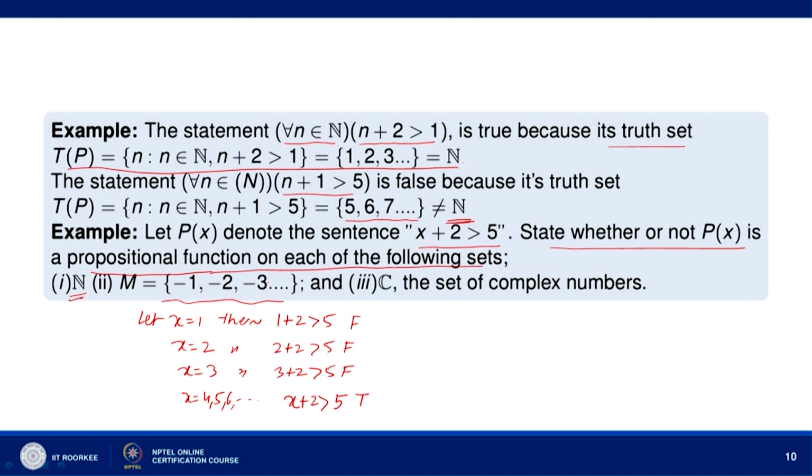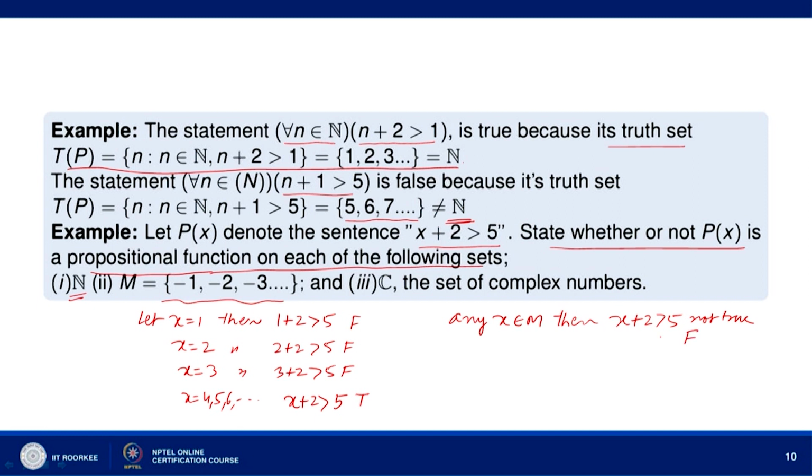When you take x equal to minus 3, we get minus 1 greater than 5, which is not true. So for any x belonging to M, x plus 2 greater than 5 is not true, that is, the truth value is F.